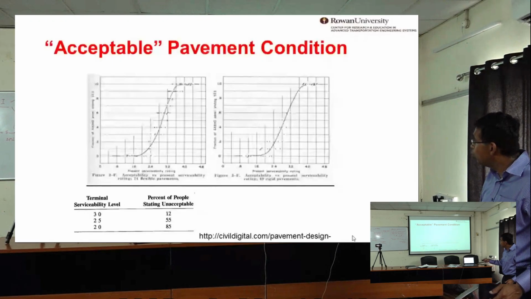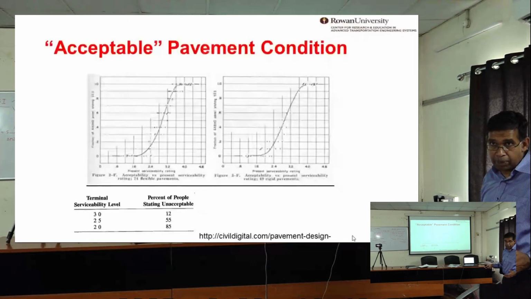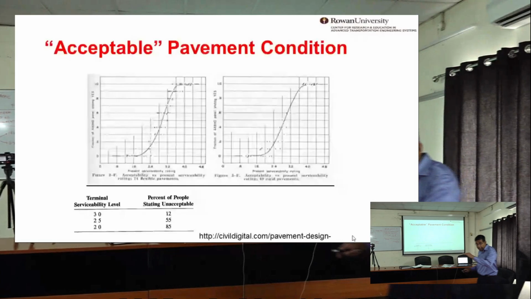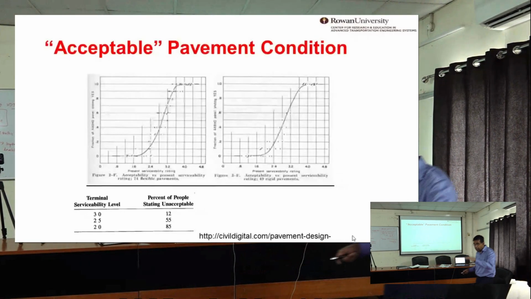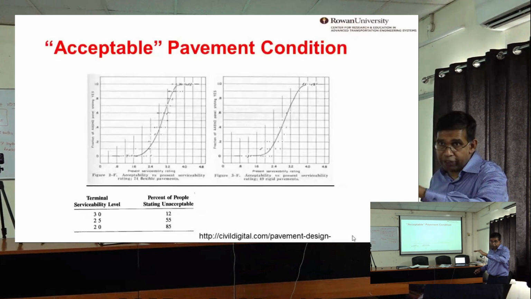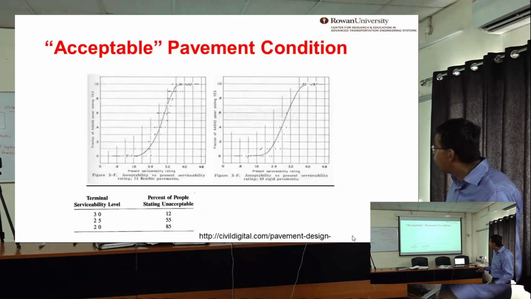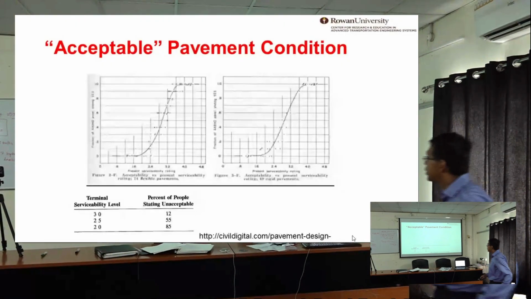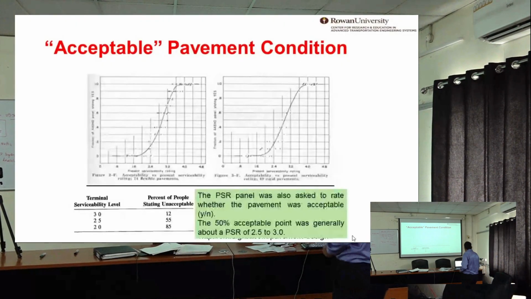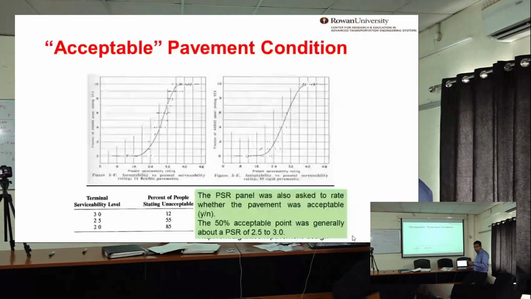And when it was 2, 85% said it was unacceptable. That's how they came up with that bottom line number, what I call the baseline. So remember that we are going from 5 to 2.5, 4 to 2.0. So where did that number come from? This is where it came from, where 85% said it's unacceptable, and that became the criteria.